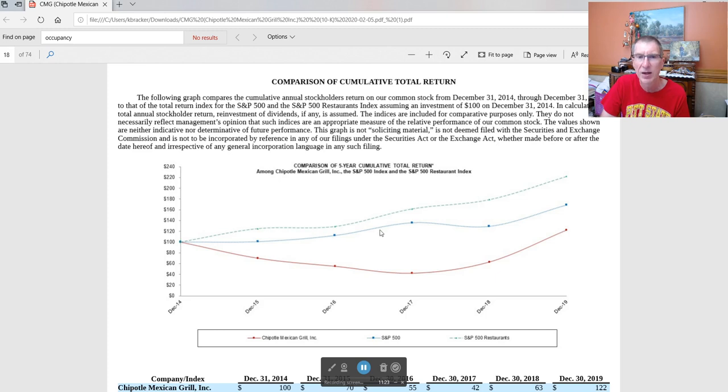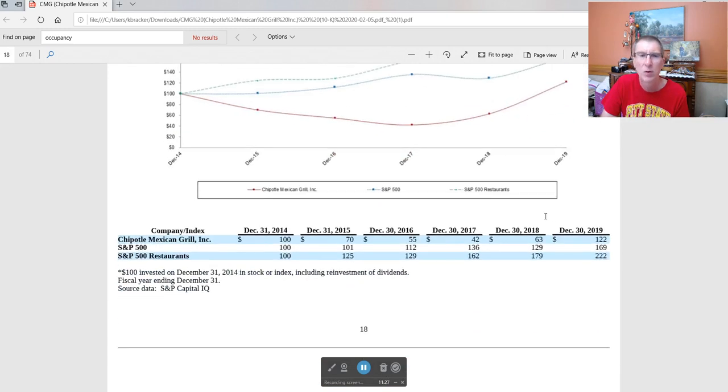Chipotle's a little bit higher, it looks like, than where it started, but not a great return over time. And here you can see the numbers, essentially $100 invested in 2014 was worth $122 at the end of 2019. Same $100 invested in S&P 500 restaurants was worth almost twice as much at $222.